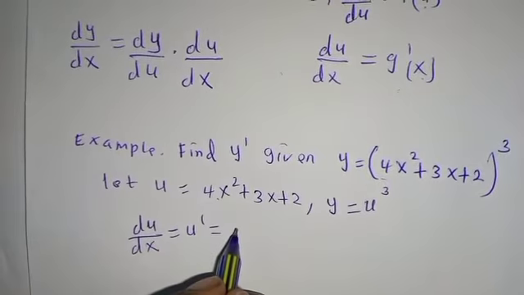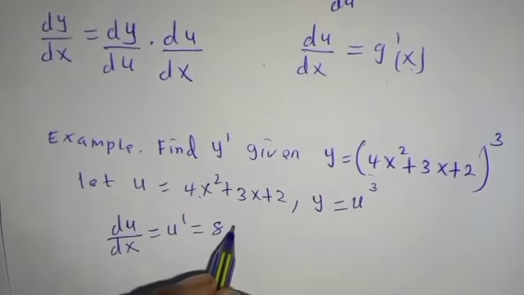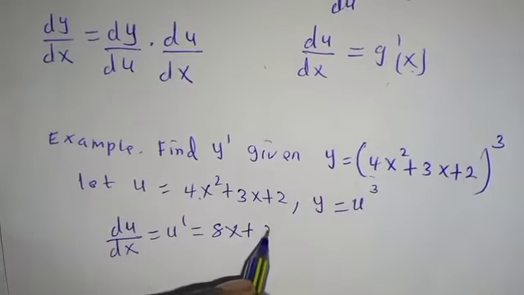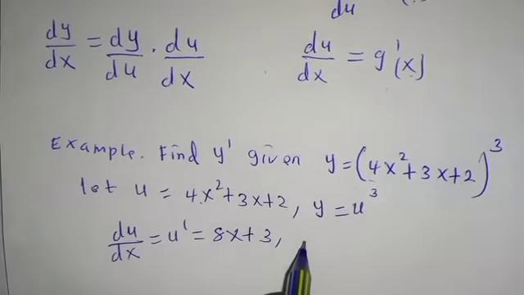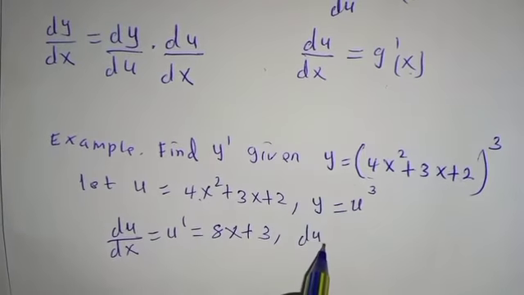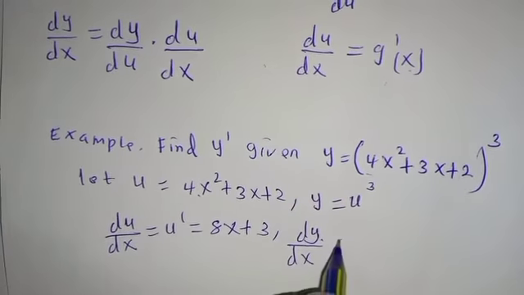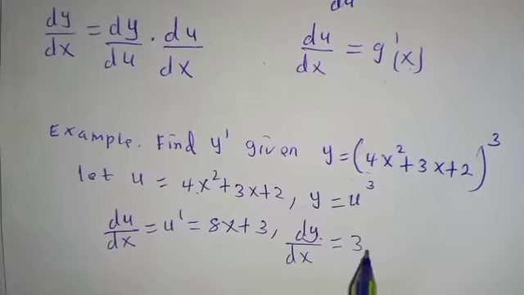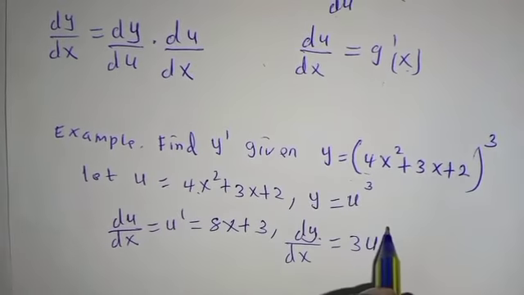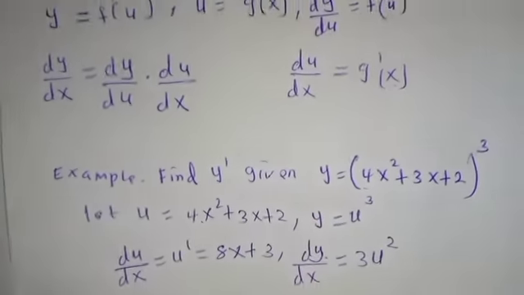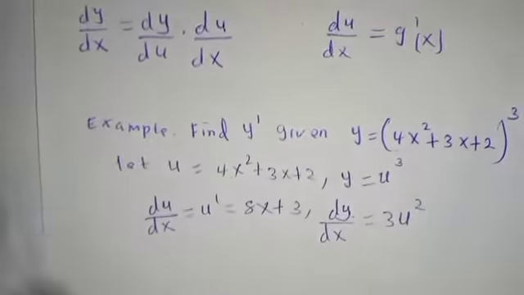Here, this will give us 8x plus 3. Our dy/du will give us 3u squared.